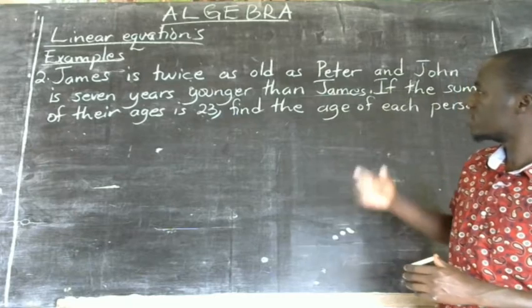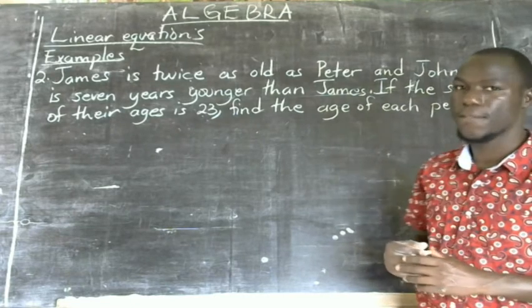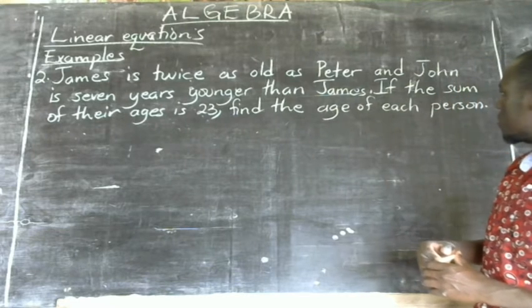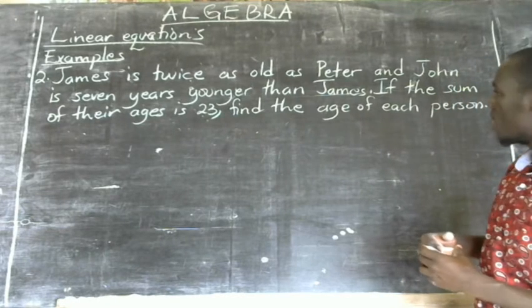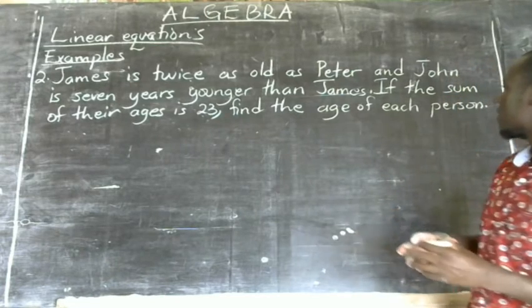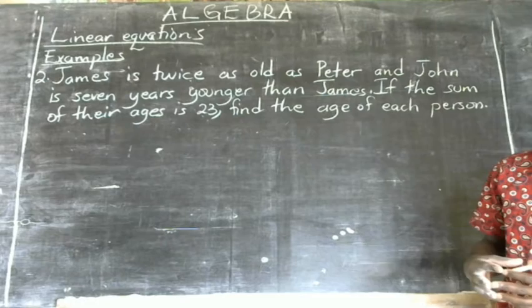So James is twice as old as Peter, and John is 7 years younger than James. If the sum of their ages is 23, find the age of each person.